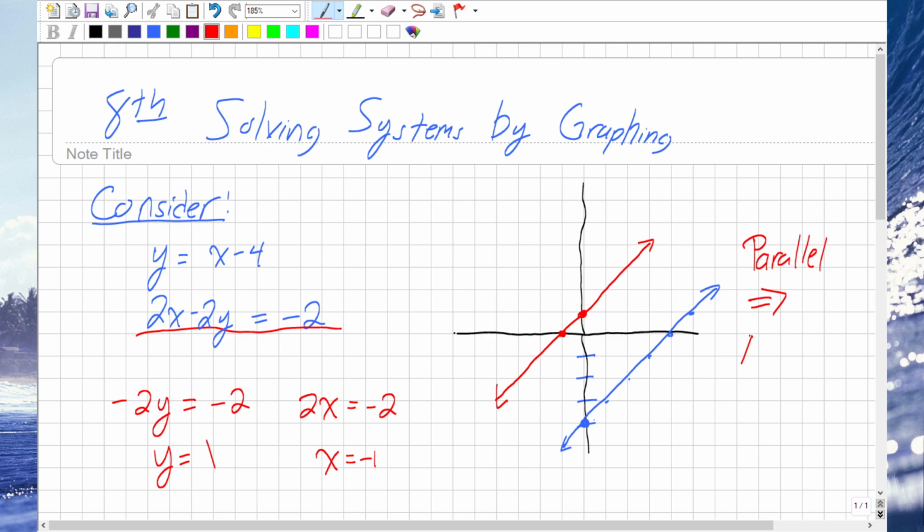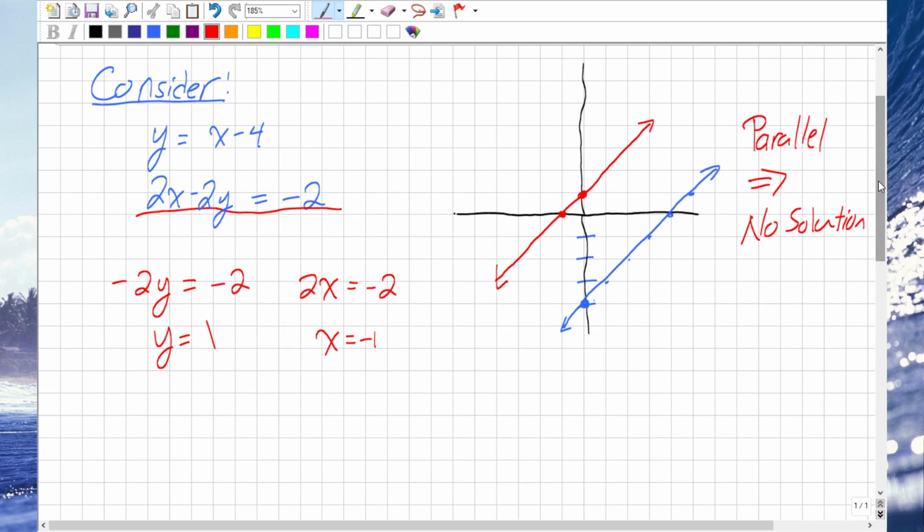Therefore, there is no solution. Now, why the book would start off with that, I don't know. But they do. We can say these aren't going to have a solution because they're parallel. That means they're never going to intersect. Give you another moment to finish writing this down.